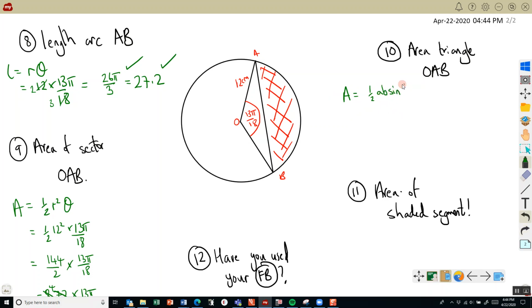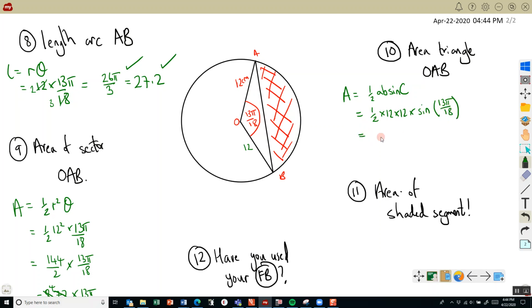Now, we always said that a and b are the 2 sides that enclose the angle. So 2 sides and the angle in between. So this is one side, this is the other side, this is the angle in between. So it's a half, 12 times 12 times sine of 13 pi over 18.